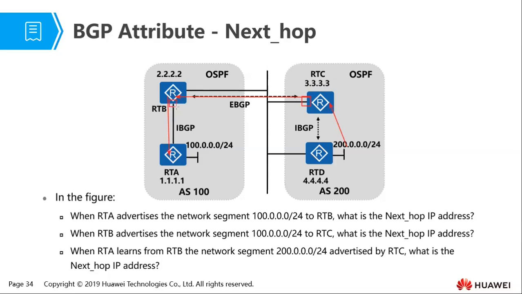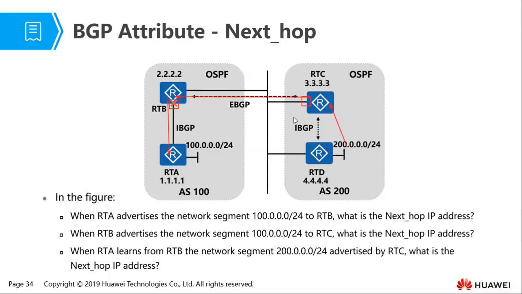You see, for example, in OSPF, if this router was to advertise a route to this one, the next hop would have changed to this interface here. But in BGP, that does not happen. So when you are advertising an EBGP route to IBGP, the next hop remains unchanged.